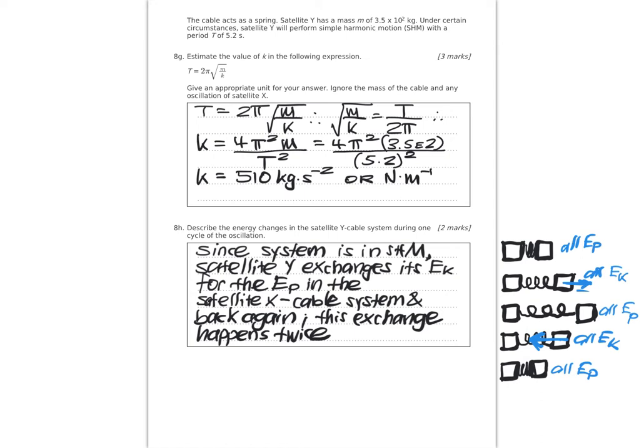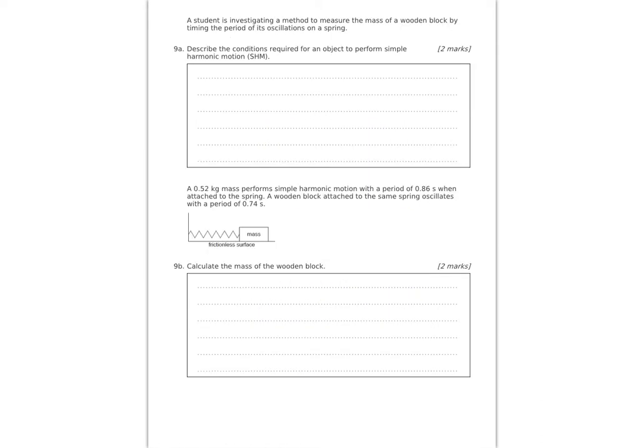So yeah, that exchange happens twice. Now, you don't have to explain all of that in order to answer the question, but I wanted to explain what the mark scheme is saying, because basically what I wrote down is what the mark scheme says. So that's 8G and 8H for a total of 5 marks. And then we proceed to 9A.